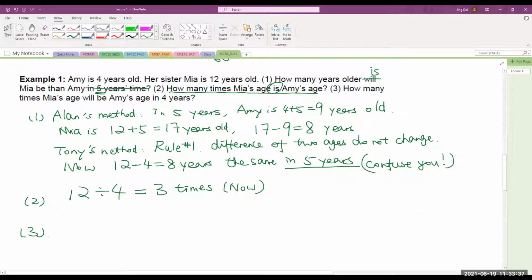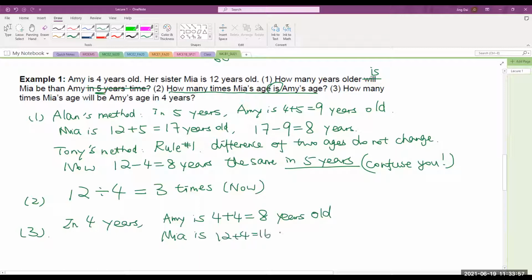So in 4 years, let's do this. We know it's going to change. So we're going to say in 4 years, okay, Amy is 4 plus 4 equals 8 years old. And Mia is 12 plus 4 equals 16 years old.